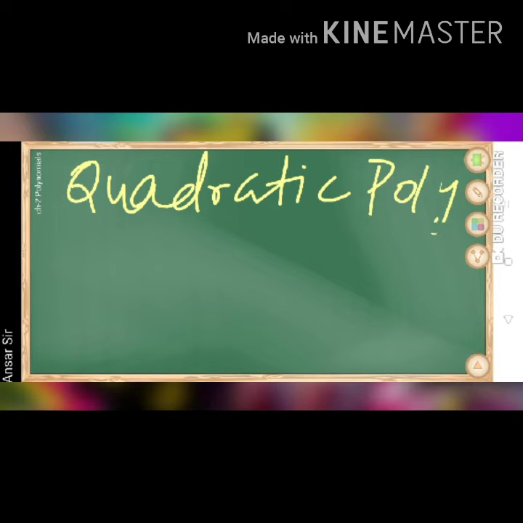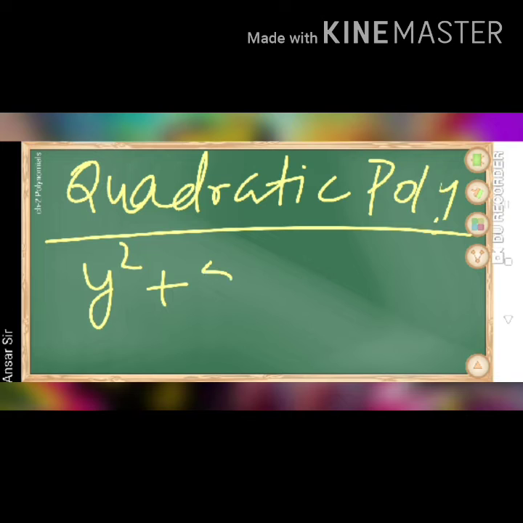Next is the quadratic polynomial. In a quadratic polynomial, the degree of the polynomial is 2. For example, x square plus 5. Here the degree is 2, so it is a quadratic polynomial.